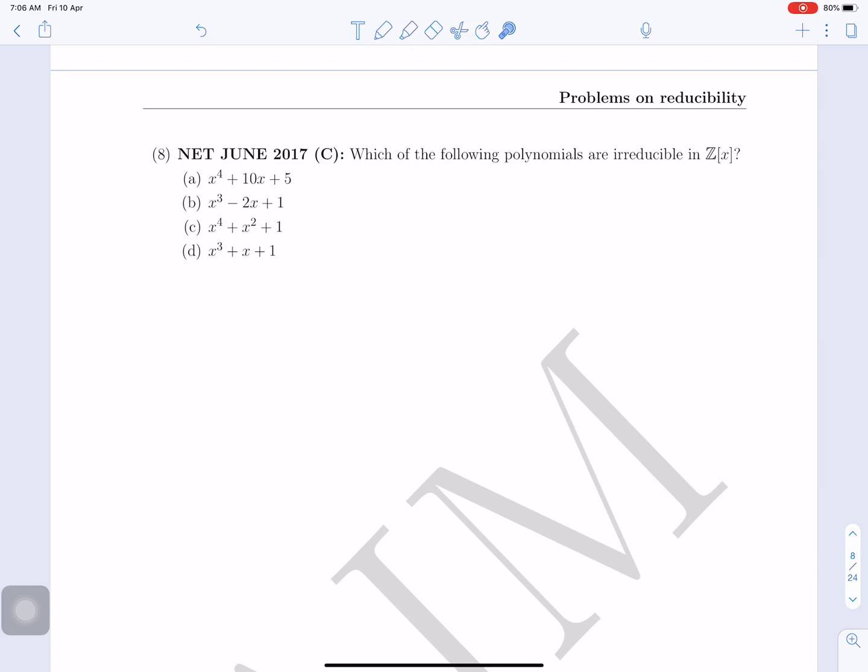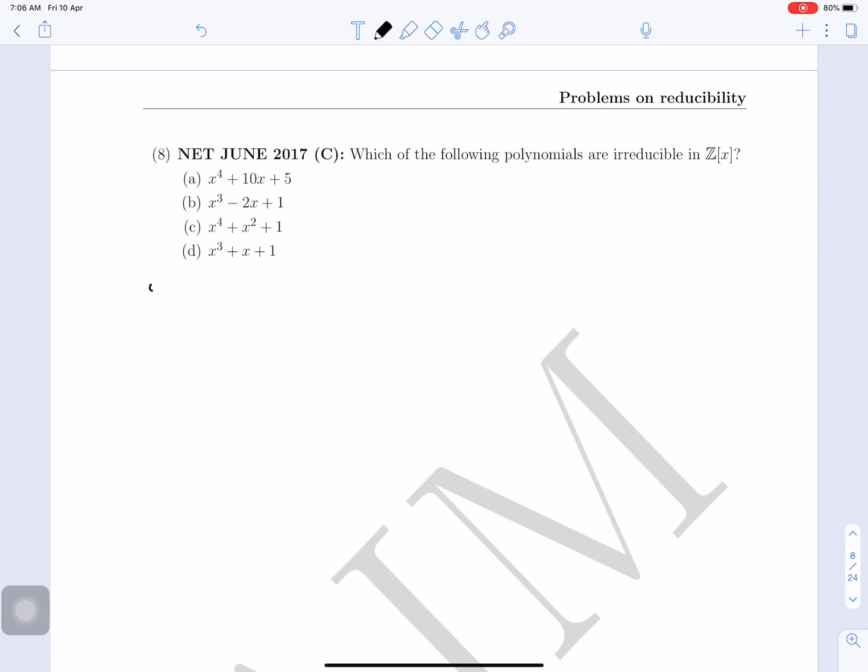So let us go one by one, and they are asking about irreducibility over Z. Since all the polynomials are monic, irreducibility over Z or Q are equivalent.